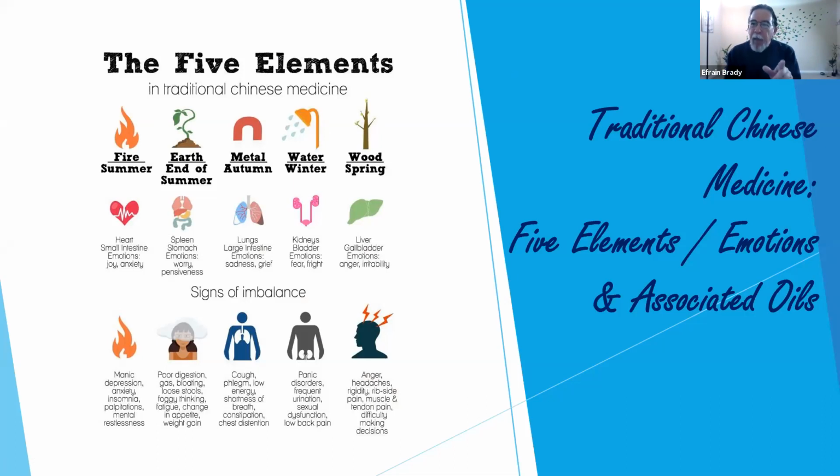And the 5 elements is just the way these guys 5,000 years ago described how they saw that the energy in our Earth, in our planet, moves in different ways, okay? So they started observing, for example, how the energy moves in the water and how the energy moves in the fire.